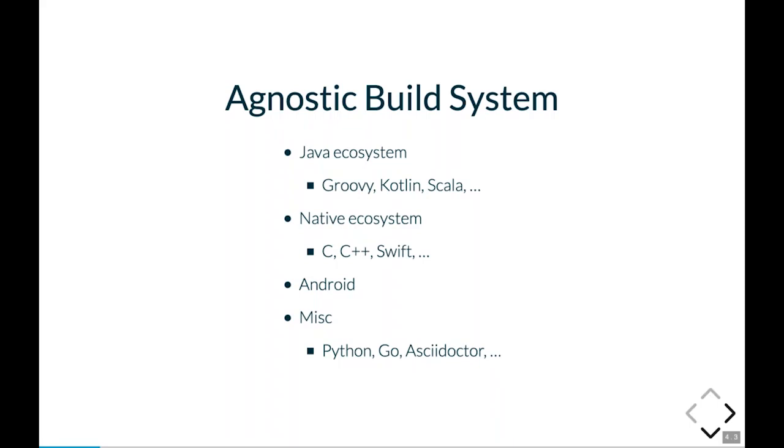The native ecosystem is quite well supported too, and of course Android, which is a large user base. But it's not limited to that. You can automate pretty much everything, and we have community plugins again for Python, Go. There are some for Rust, AsciiDoctor, and JavaScript. And this very presentation is actually built with Gradle using AsciiDoctor.